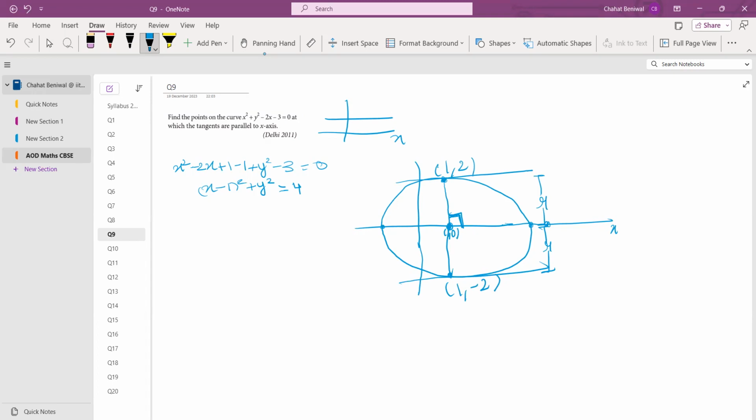But since it's, I guess, a 6 or 4 marks question, we can't do it like this. So let me guess how CBSE would want to do this.